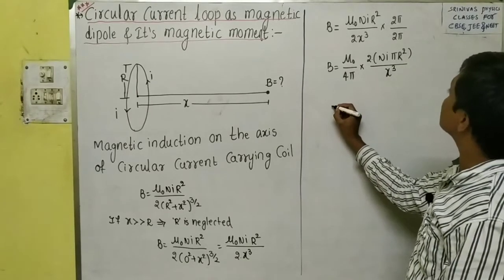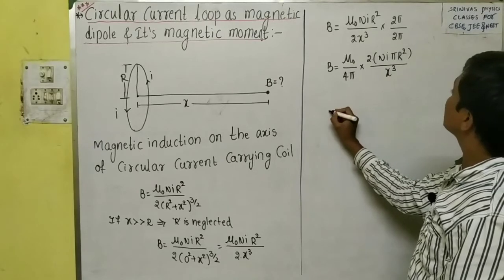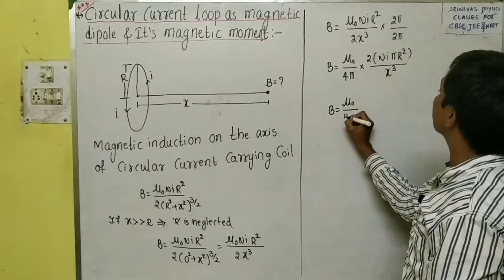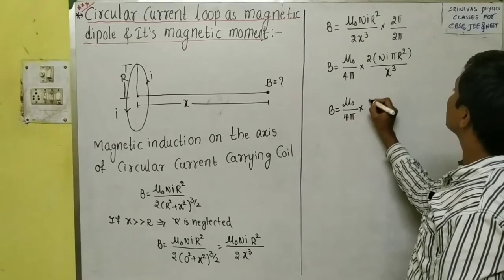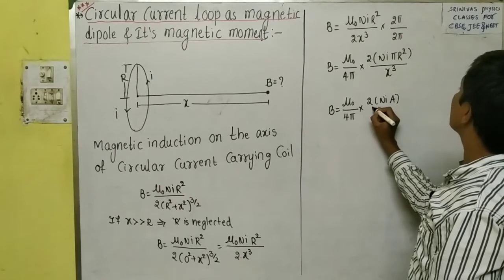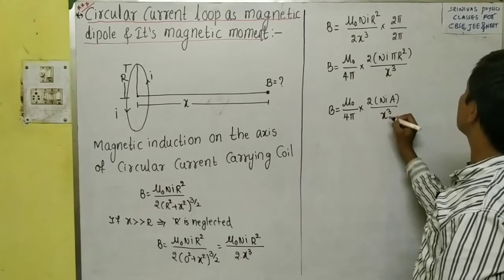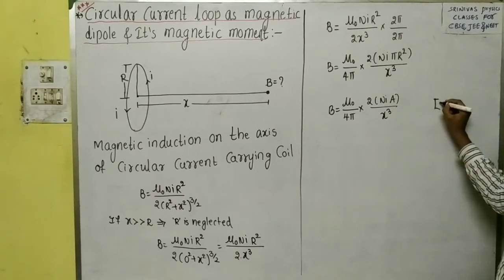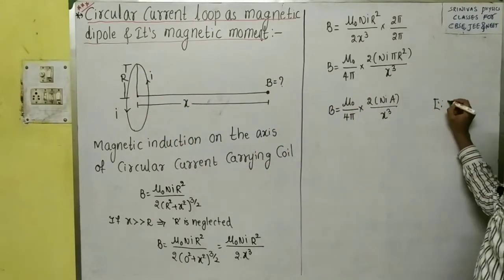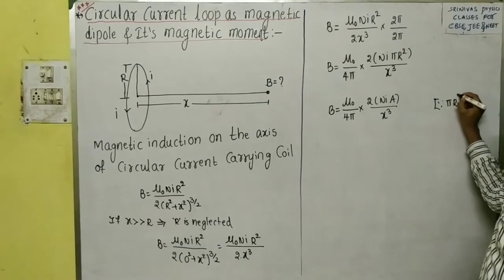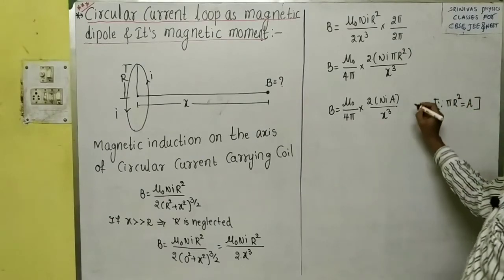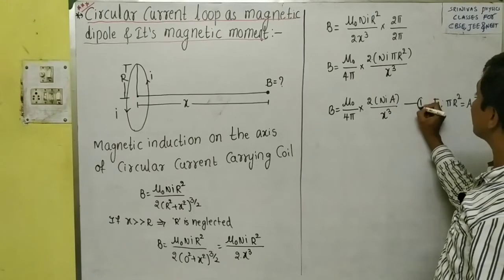So B equals mu naught by 4 pi into 2 N I A by x cube. Why do we write A? Because R is the radius of the coil, and pi R square is the area of the coil. This we take as equation 1.